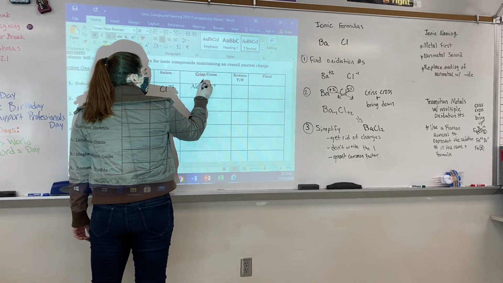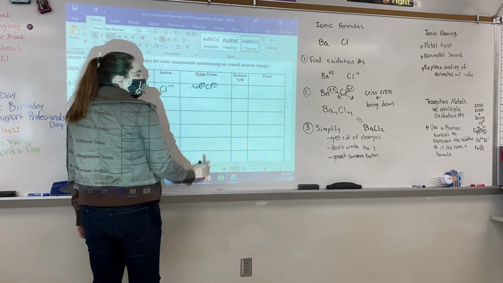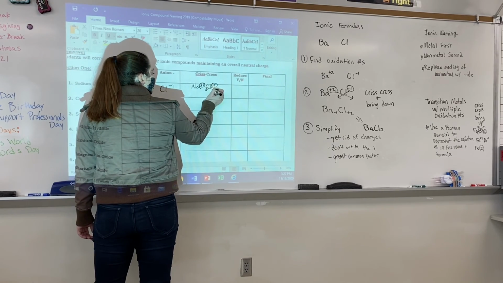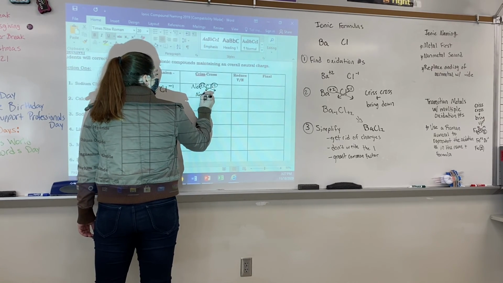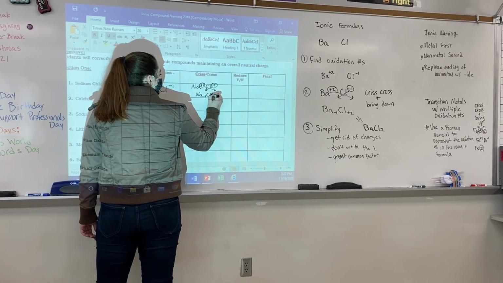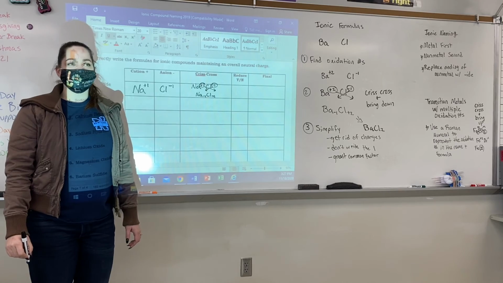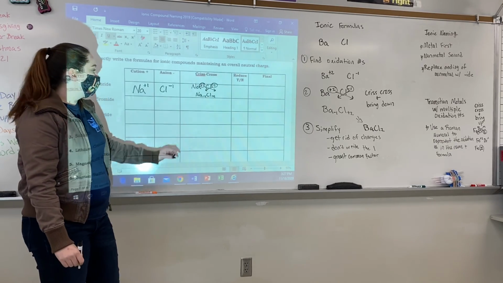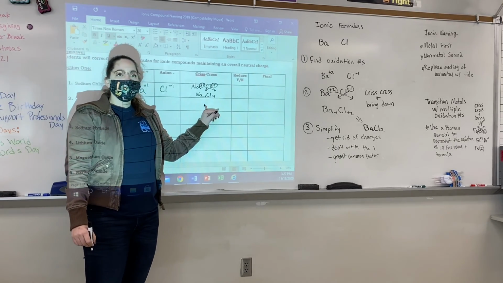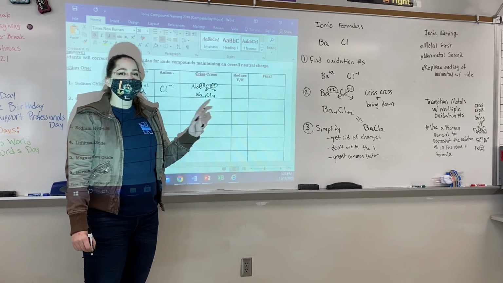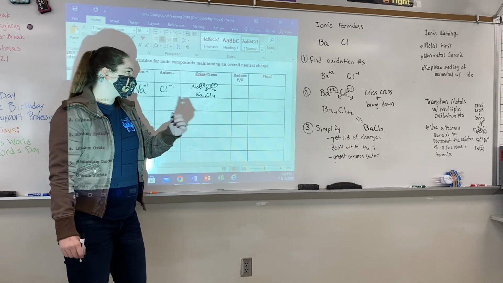And then you circle your oxidation numbers, you crisscross and bring them down. So that is Na minus 1 and Cl plus 1. And then you have to simplify it. That means you get rid of your charges, you get rid of the number ones, and then you simplify your numbers if you can.